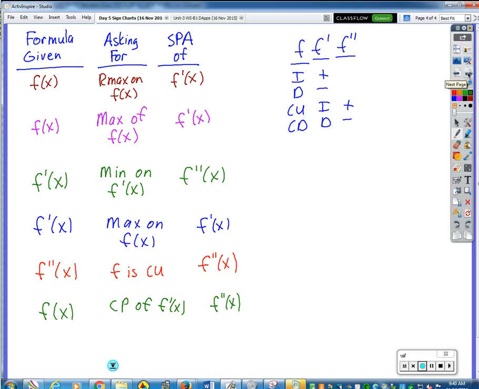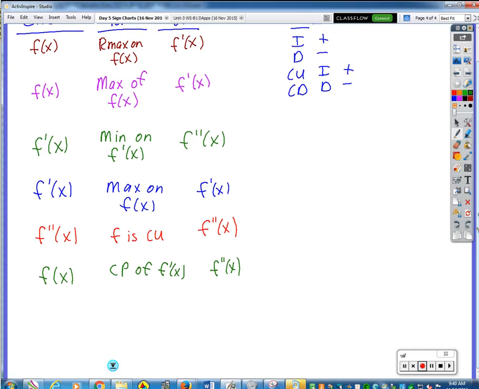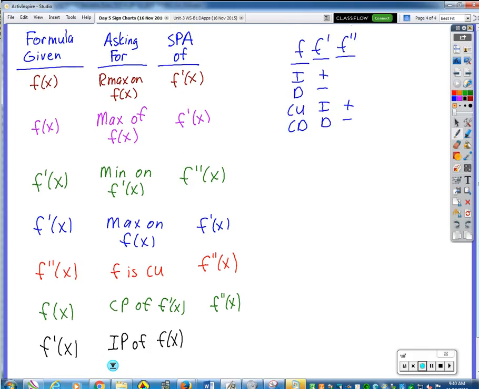F prime. So let's say they give us F prime. Inflection point of F. So we're going to find an inflection point of F. What else? So what would we be doing a sign chart of? This is why I keep telling all of you, these memories have got to be much more rapid.